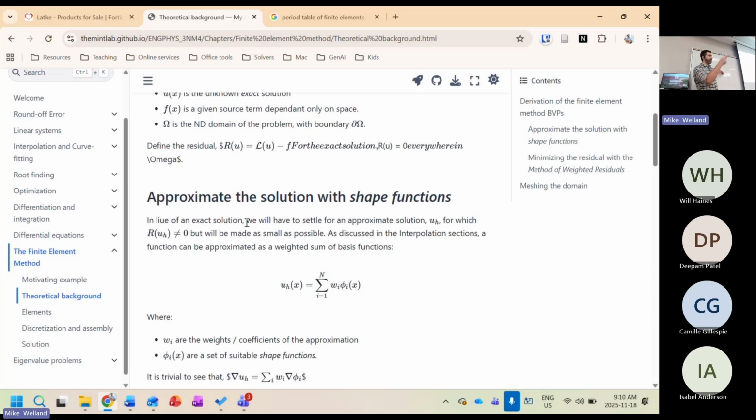For the exact solution it would be 0, right? Moreover, not just would the integral of r squared be 0, but every single r squared everywhere would be 0. Or equivalently, r would be 0 everywhere. We are never going to find the analytical solution. So instead, we approximate it.